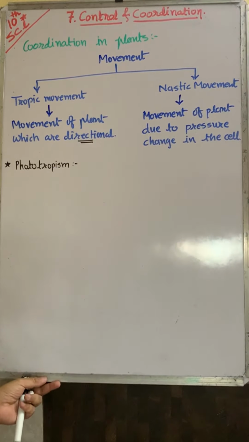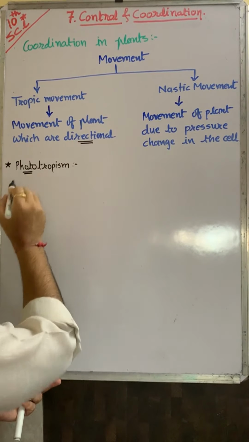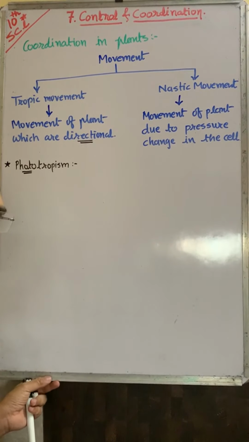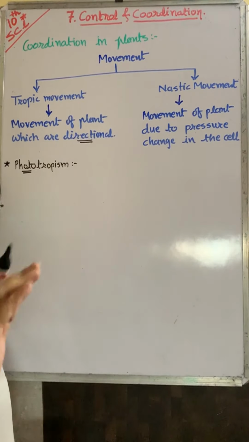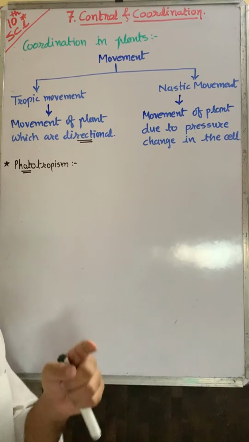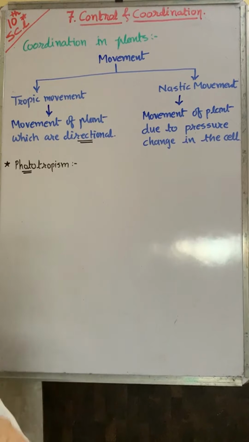You know that the word photon means atom of light. So here tropism means directional movement towards light, that is called phototropism. What do you mean by phototropism?